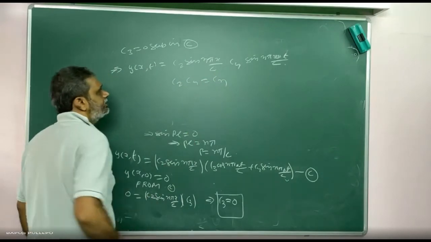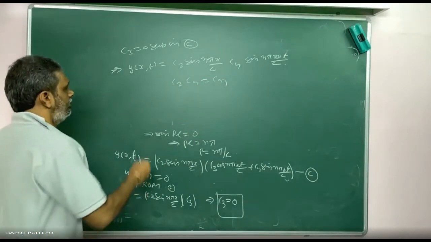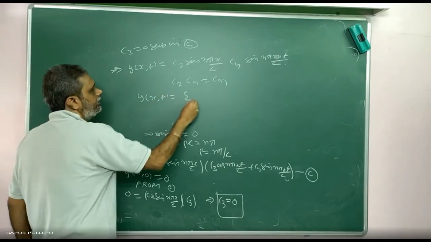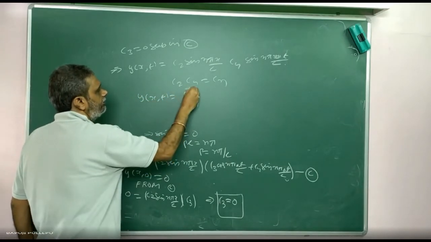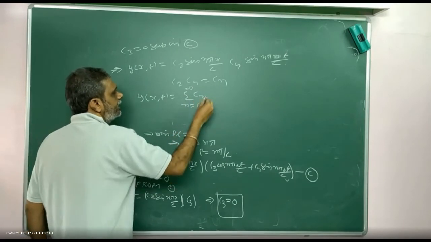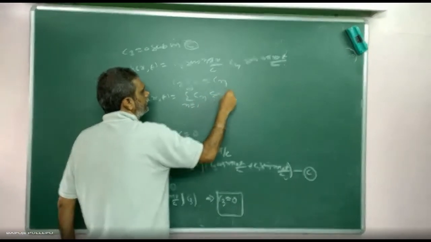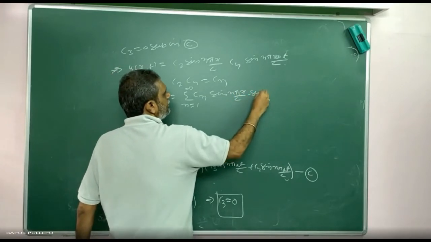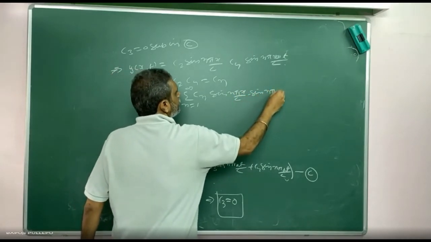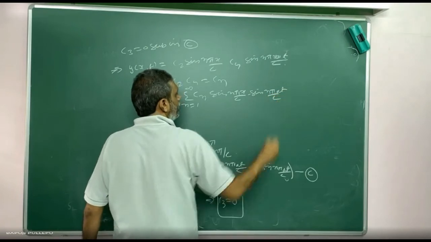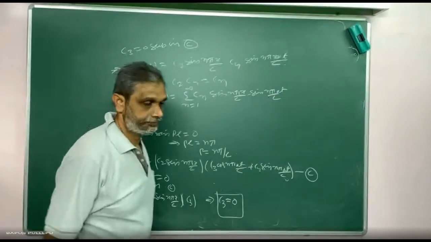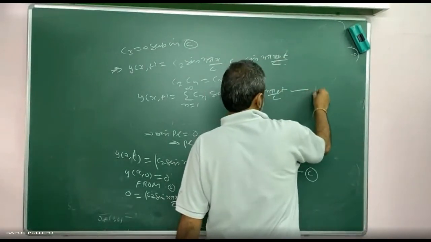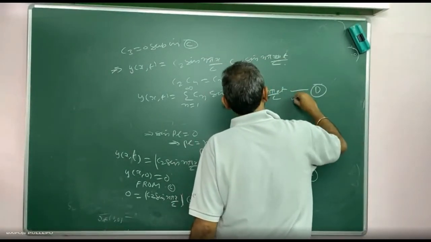I will get the superposition. The general solution: y(x,t) is equal to the sum from n is equal to 1 to infinity of Cn sin(n pi x by L) sin(n pi a t by L). This is D, the general solution actually.